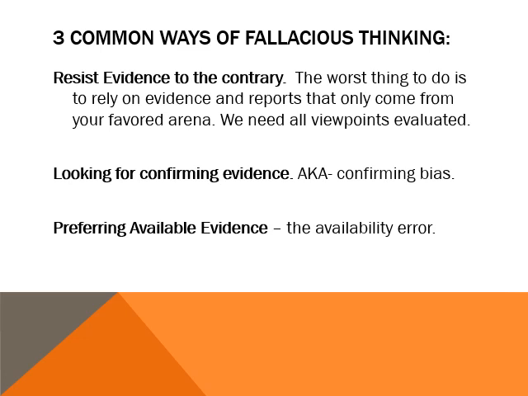But we have a tendency to resist evidence to the contrary, and that's fallacious. We have a tendency to look for only confirming evidence. It's called a confirmation bias. And we have a tendency to prefer only the easy evidence, the available evidence, the simple stuff. But we need to stay away from that. We need to sometimes search.